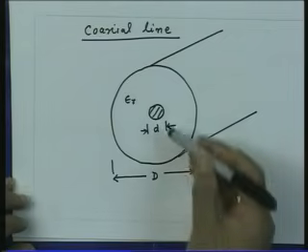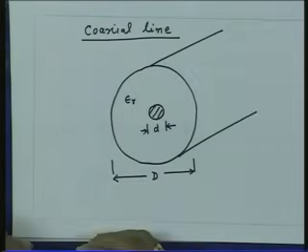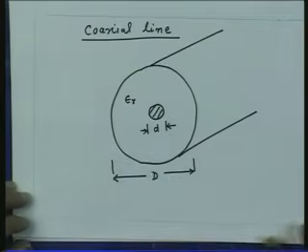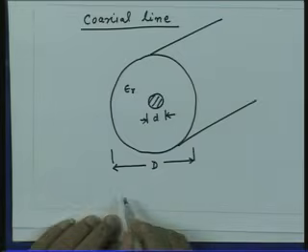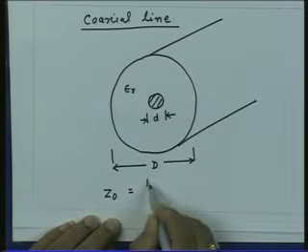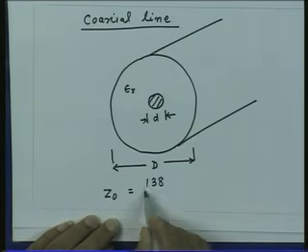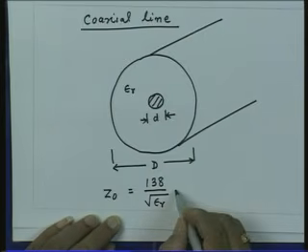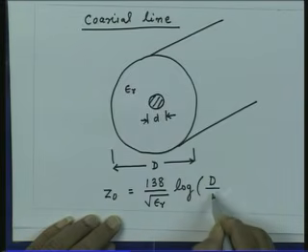In practice, we use materials like perspex or Teflon for filling these cables. So the dielectric constant may lie typically in the range from 2 to 4. The characteristic impedance of this structure, Z0, is equal to 138 divided by square root of epsilon r, times log of D by d.